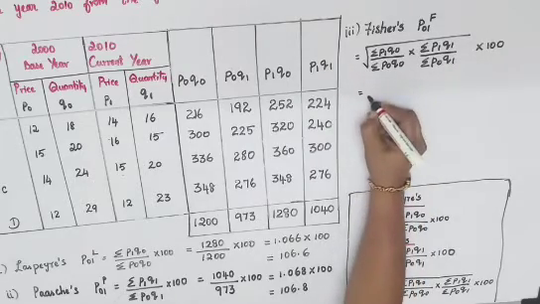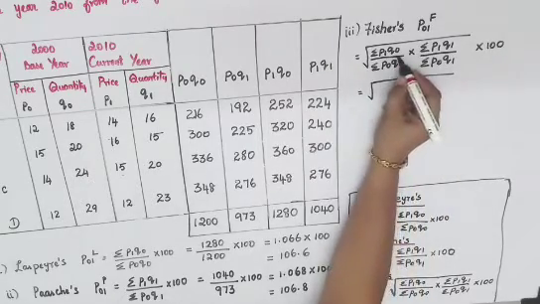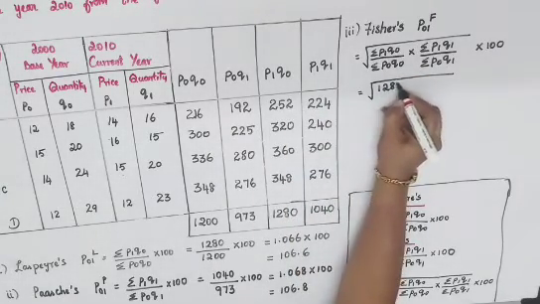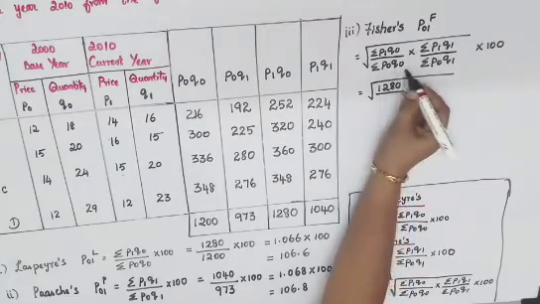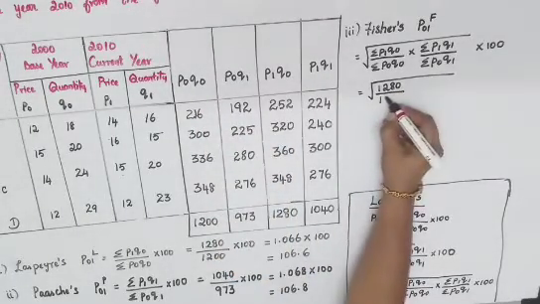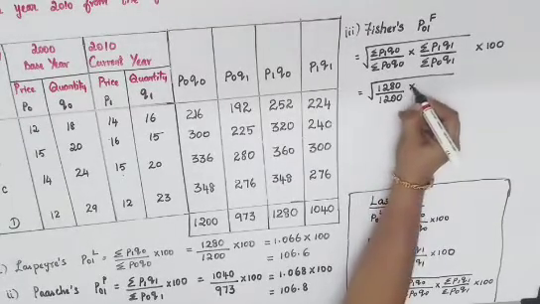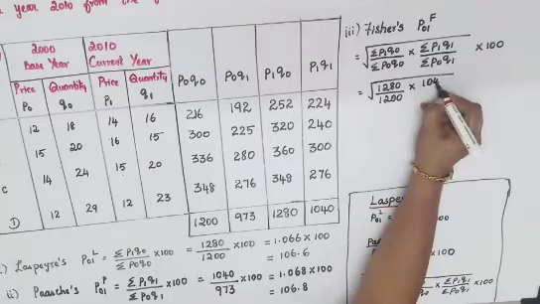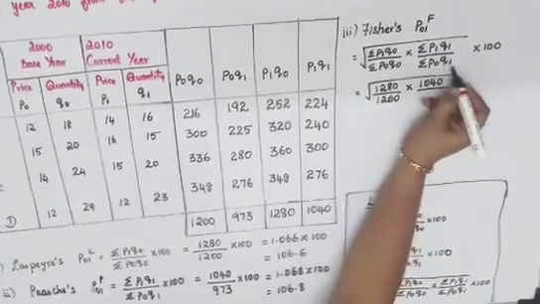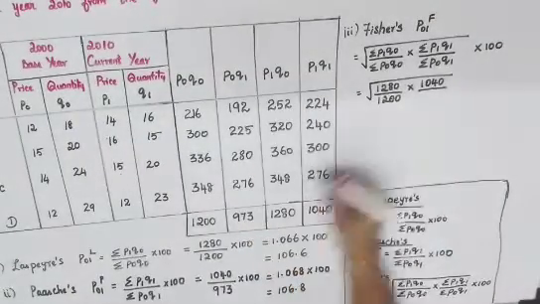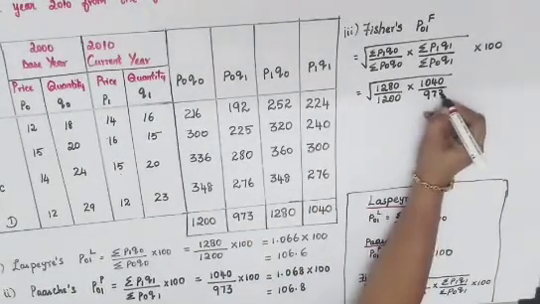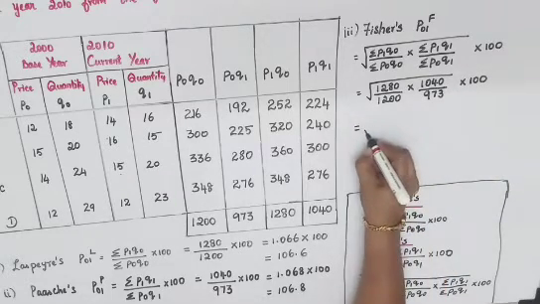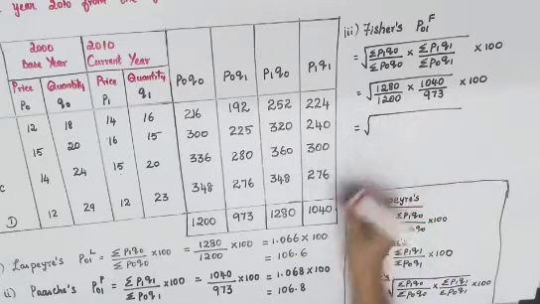Okay, so which is equal to root of P1 Q naught, your third column, 1280, divided by P0 Q naught, your first column, 1200, into P1 Q1, your last column, 1040, divided by P0 Q1, your second column, 973, into 100 separately.